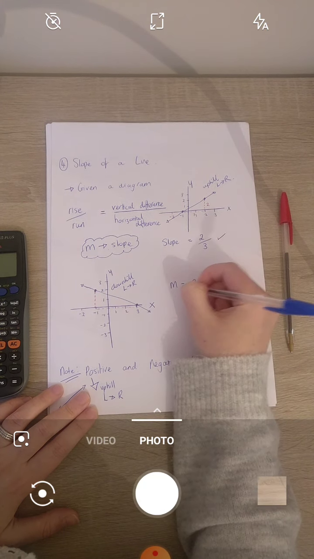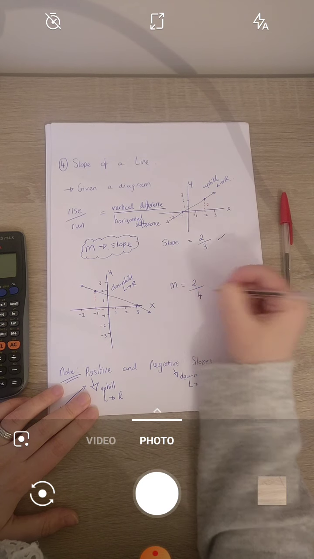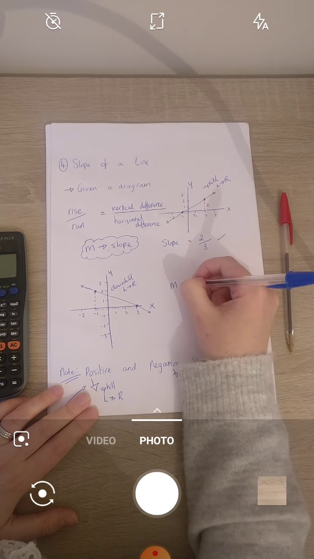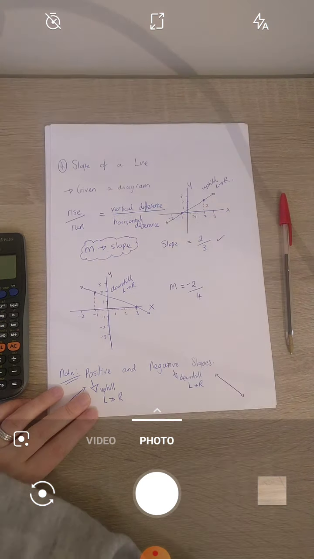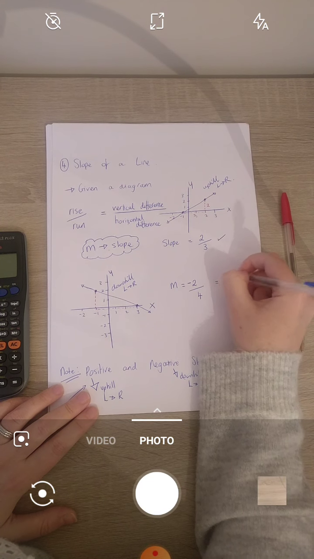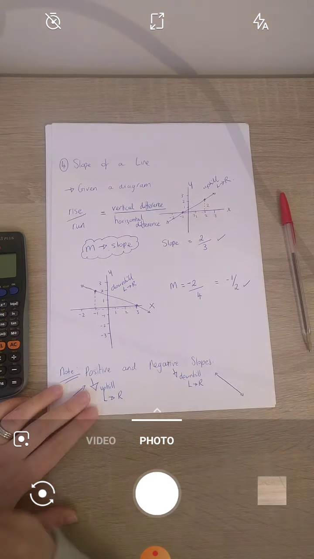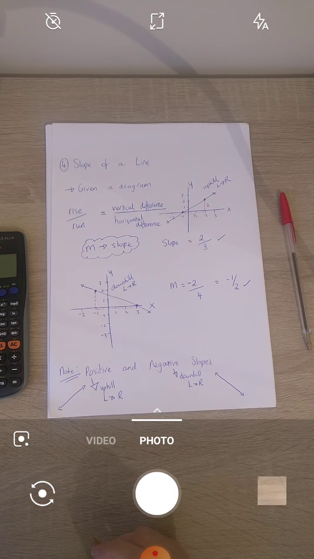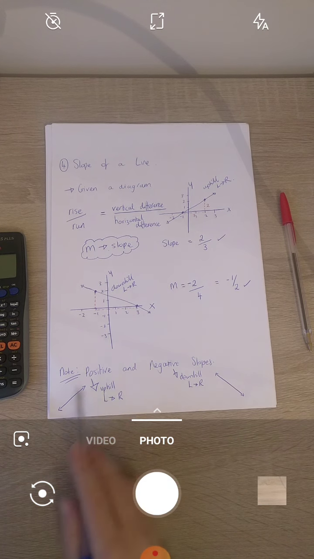And the run goes from -1 to 3, which is 4. It's up to us to remember it's a -2 over 4 because it's a negative sloping line. And we're going to simplify that as 2 over 4, minus a half.